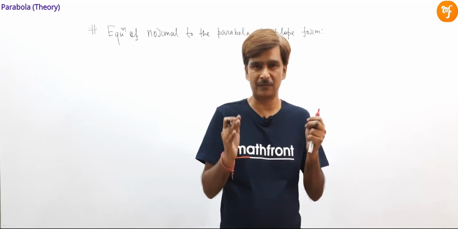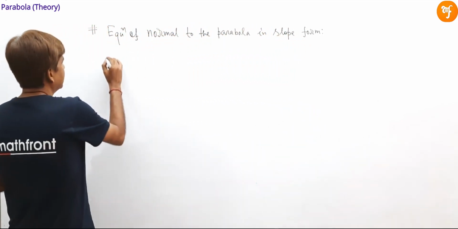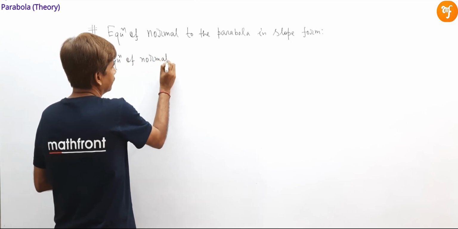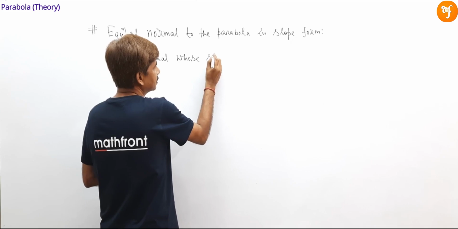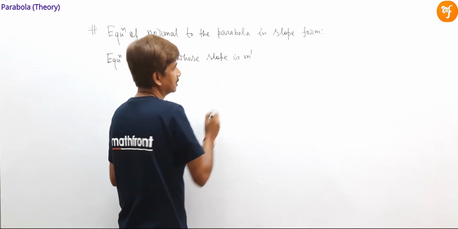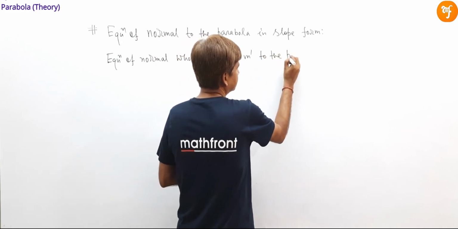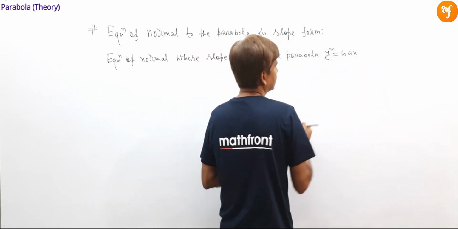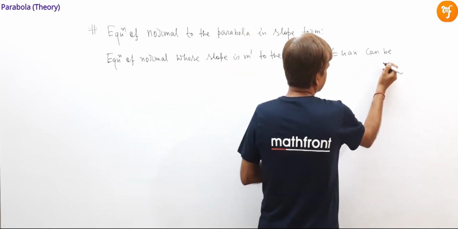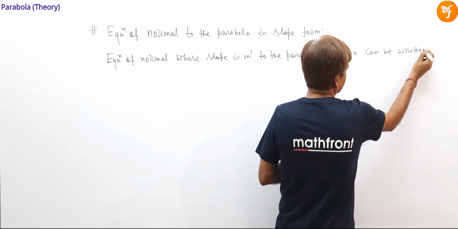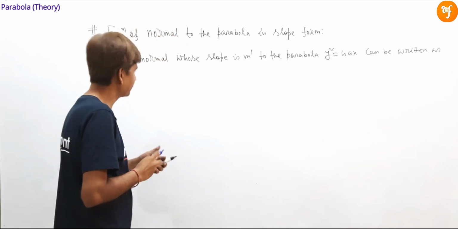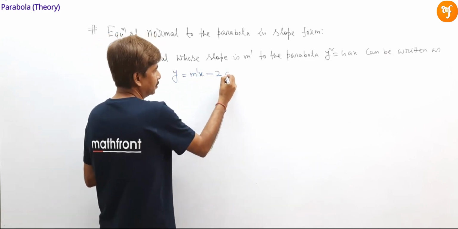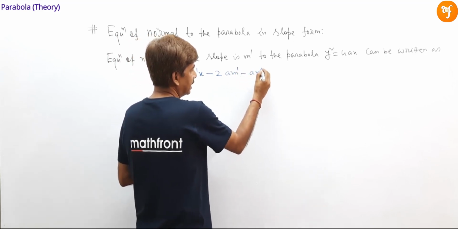Okay, we will prove this also. So first of all we will write the equation of normal whose slope is m dash to the parabola y square is equal to 4ax, which can be written as y is equal to m dash x minus twice a m dash minus a m dash cube.